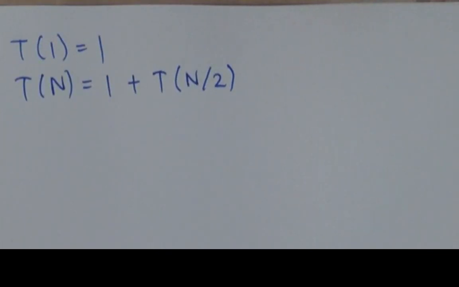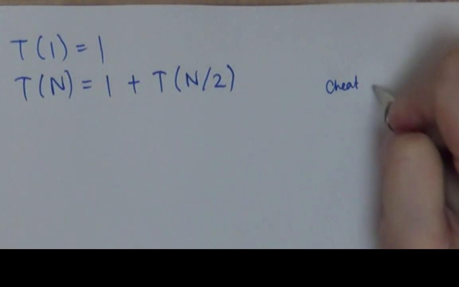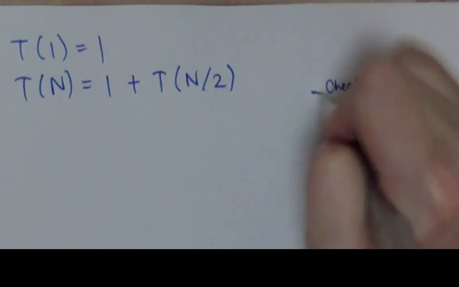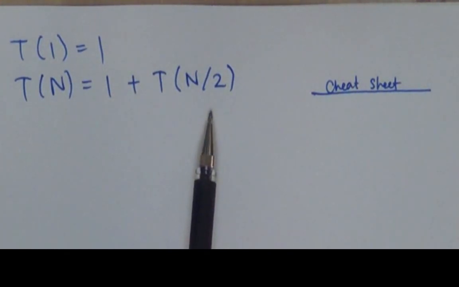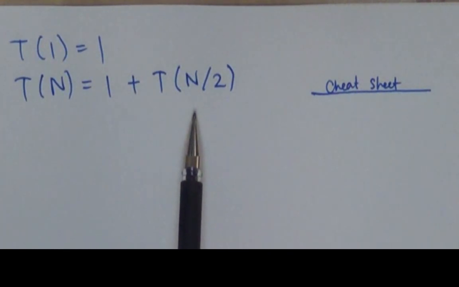Okay, so I want to unroll this so that I can see what the recurrence relationship's big O runtime is. To do that, I'm going to make my cheat sheet, and that cheat sheet is just a set of ways of rewriting my recurrence relationship so that I can find things to plug in.